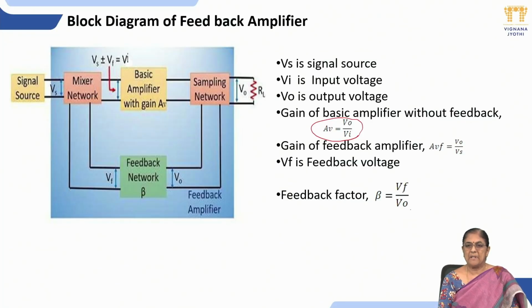The gain of the feedback amplifier is defined as the ratio of output voltage of the feedback amplifier to the input of the feedback amplifier. What is the output of the feedback amplifier? V0.